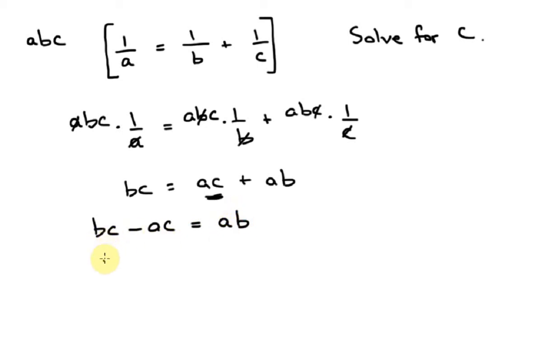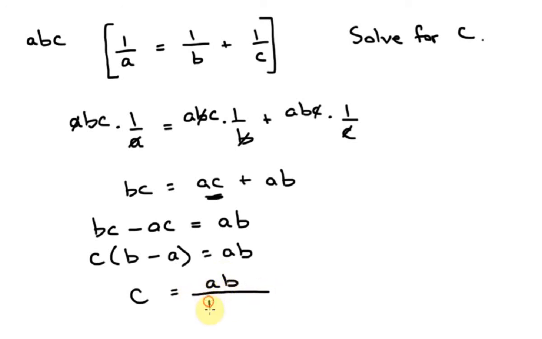Then I look at this and I factor out the common C. Every term has a C, so I'm going to factor it out, equals AB. And now the last thing to do is get rid of the stuff that's multiplying the C. You have B minus A in brackets times C. How do we get rid of that? Well, we divide by it. So when you divide by it, it disappears on the left side. On the right side, you have AB divided by B minus A.